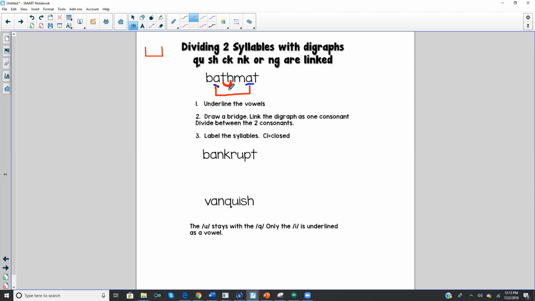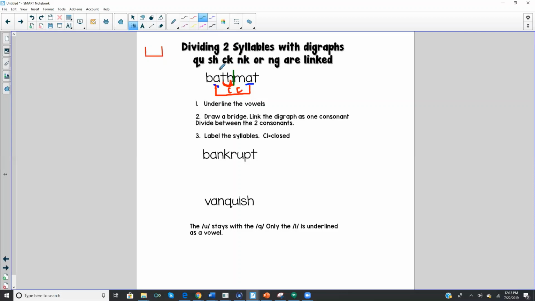So I'm going to label that a consonant. And we have this one to be a consonant, and label that one, okay? Now I have two consonants. Actually, I have three, but we're going to pretend this is one because it's a digraph. So after I label the two consonants, the only thing left is for me to draw my line and then label them.